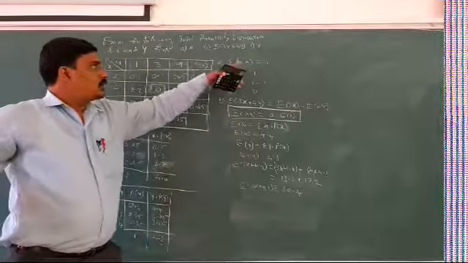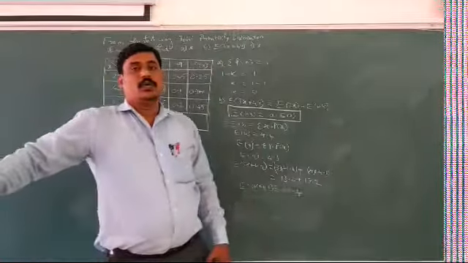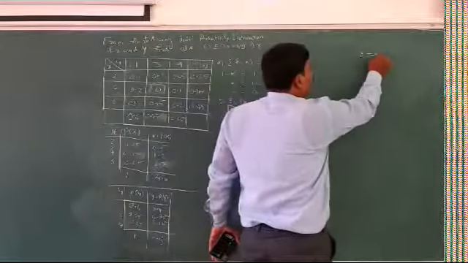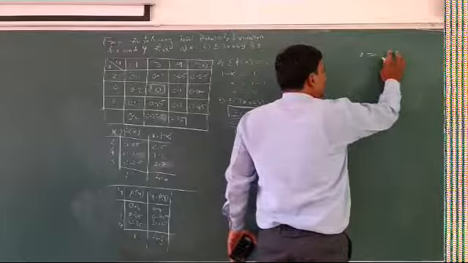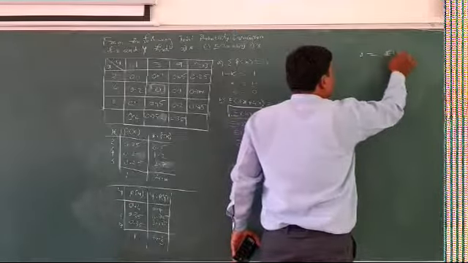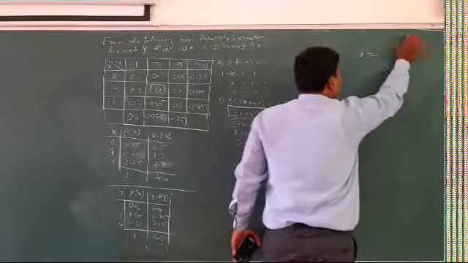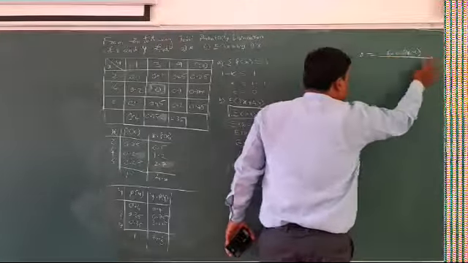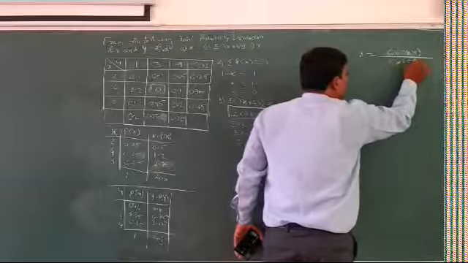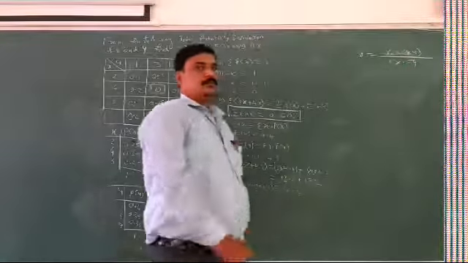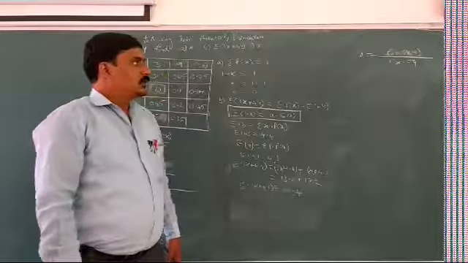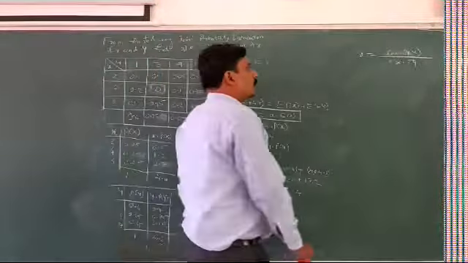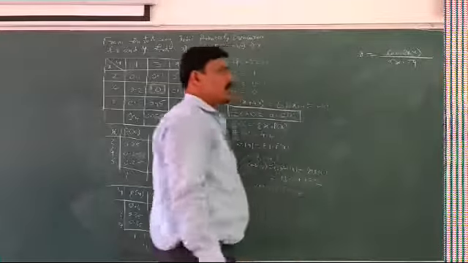And now the last question they asked is to find the correlation coefficient. So the correlation formula is r is equal to covariance of xy divided by sigma x into sigma y. To find correlation, we have to calculate sigma x, sigma y and covariance of xy.